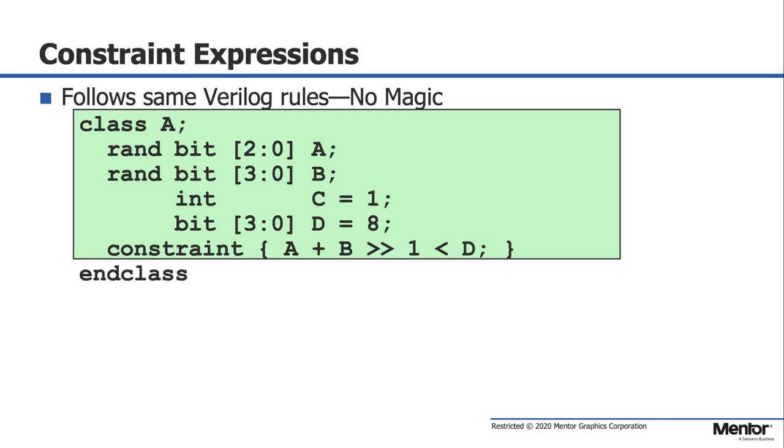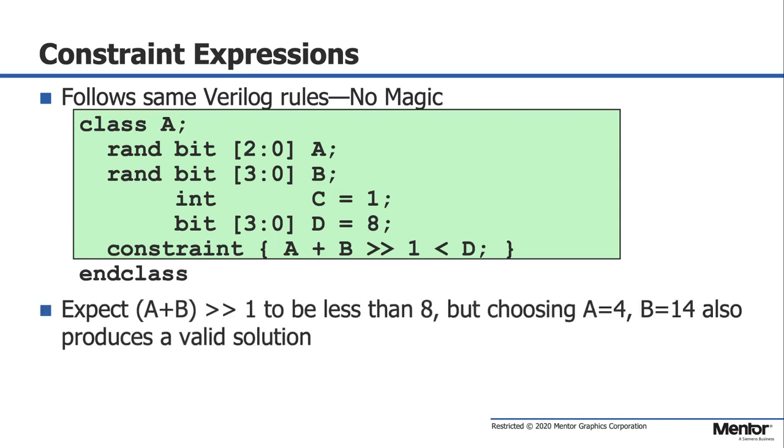If I have the constraint a plus b shifted right by 1 must be less than d, so I expect that to be less than 8. But as we just saw in the previous slide, if we had 4 and 14 being added together, that's going to produce a valid solution.